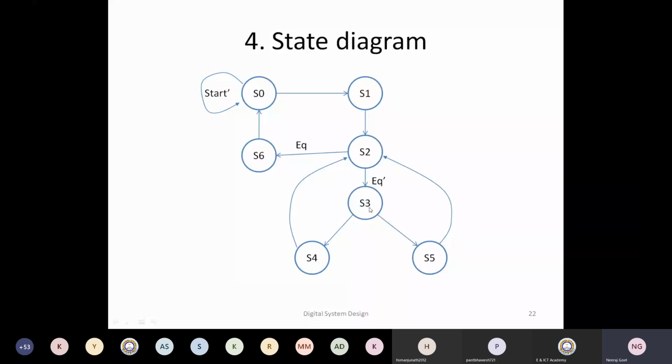In S3 state, we will do comparison. If it is greater than, it will go to S4 state. If it is not greater than, it will go to S5 state. And after one cycle, again, it will check whether both of these values R1 and R2 are equal or not. Okay, so this is the overall 7 states.